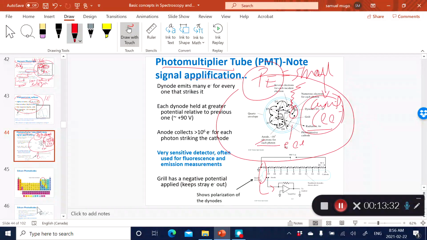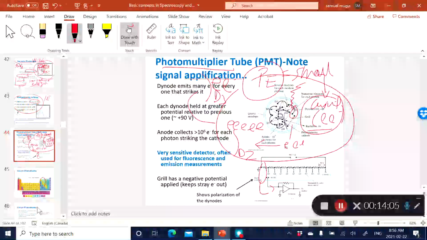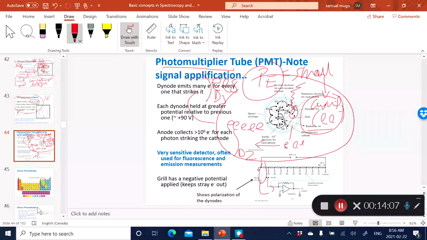If I accelerate those electrons to the second diode, D2, those electrons impinge on the photoemissive material and generate even more electrons, which I can accelerate to the third diode. Because of that, I equally get an amplification from the impingement of those electrons on the third diode. And so maybe in that case, I'm going to say e to the power of 8.